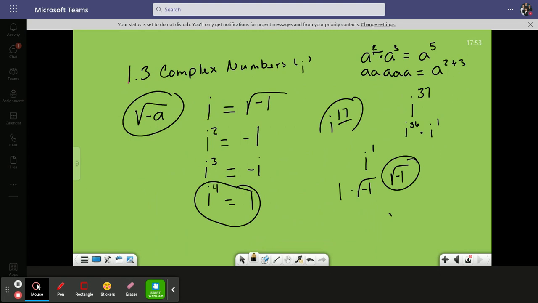When I am doing adding and subtracting, besides simplifying, I'm going to have to do some operations with this. So if I'm adding and subtracting, I want my answer to be in the format of a plus bi. In other words, I want the constant first, and I want any term with the i in it to be second.